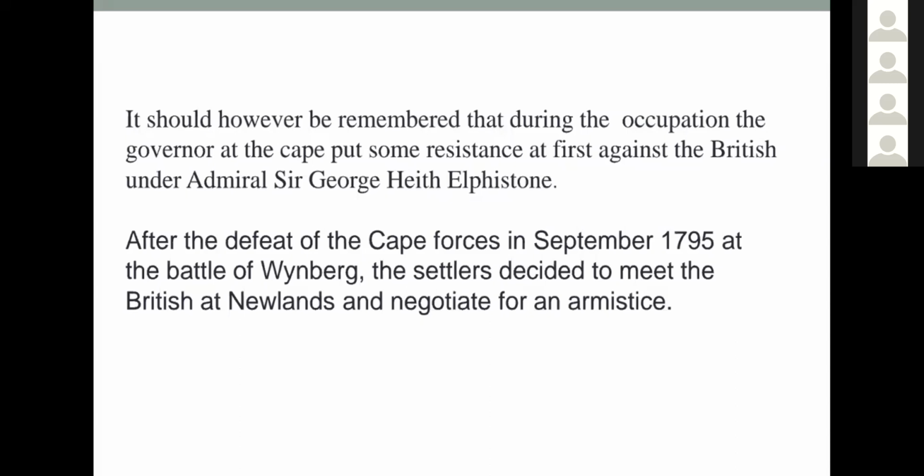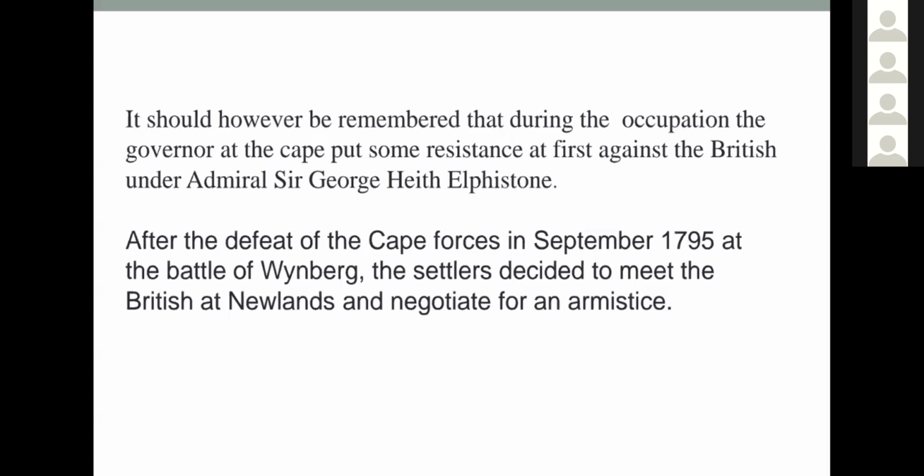So after the defeat of the Cape forces under the governor in September 1795 at the Battle of Wynberg, the settlers decided to meet the British at New Lands and negotiate for an armistice. When the British defeated these people, the settlers realized that they were not able to defeat the British, and they said, what can we do?